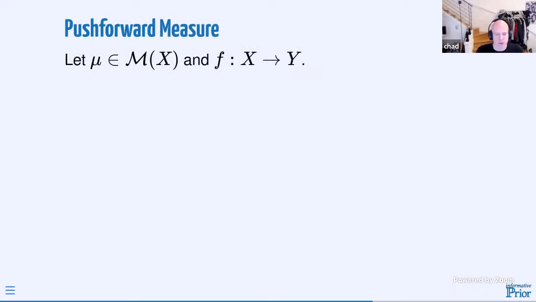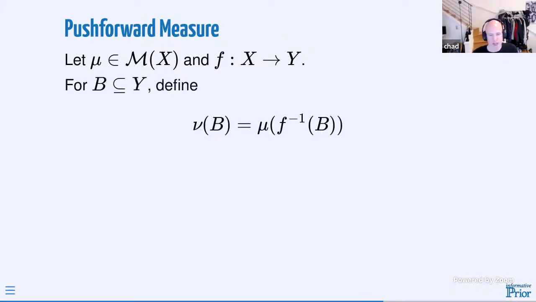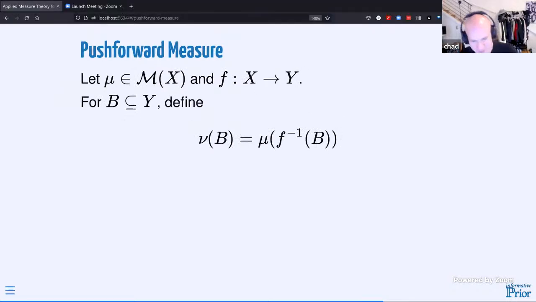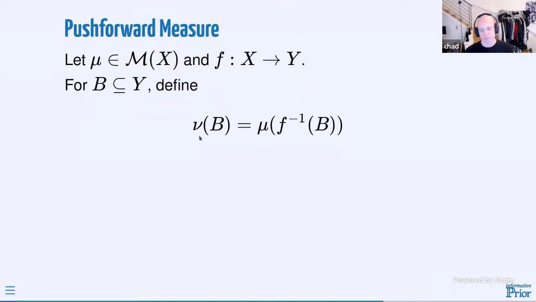Push forward measures. If we have some measure and we have a function that starts with that underlying space and maps to some different y, we should be able to get a measure on y as a result. So the question is, what is the measure of some subset of y?